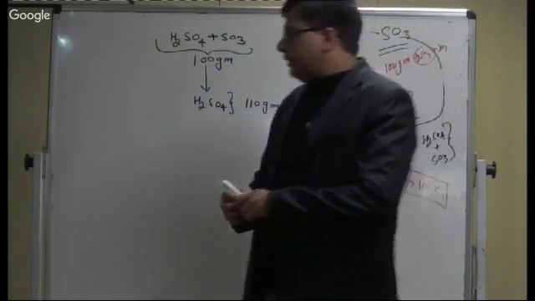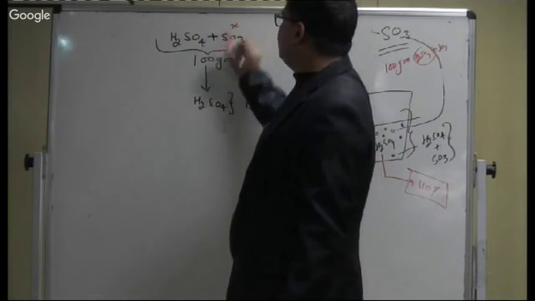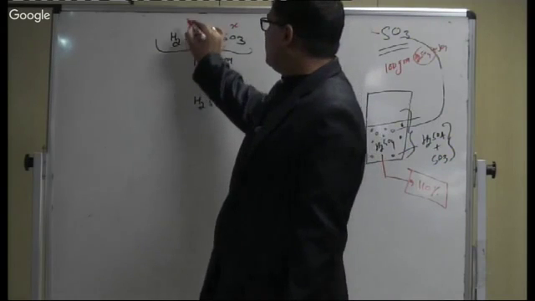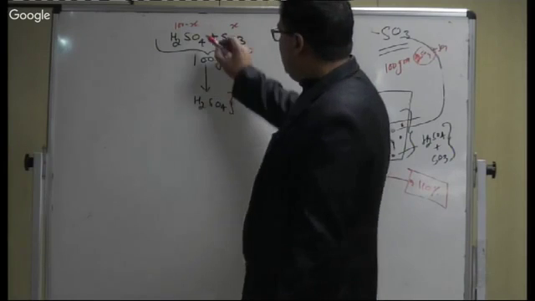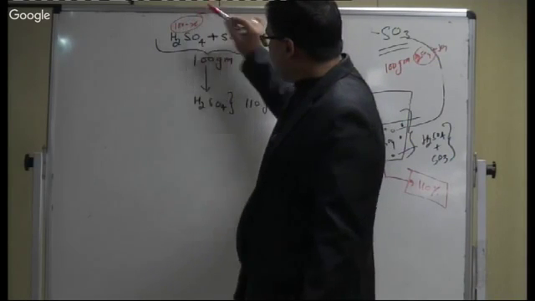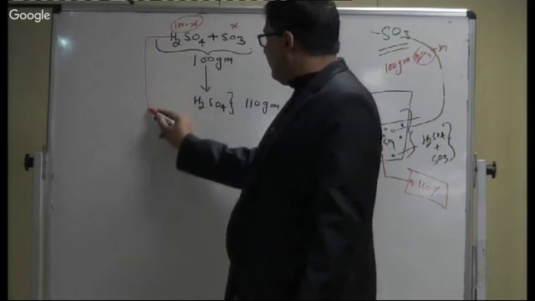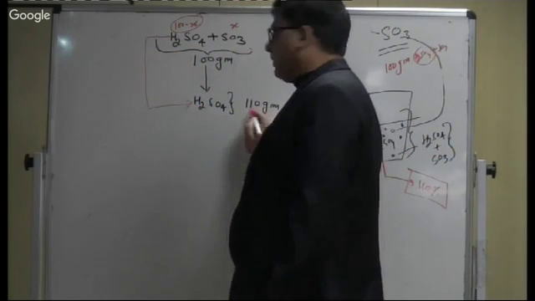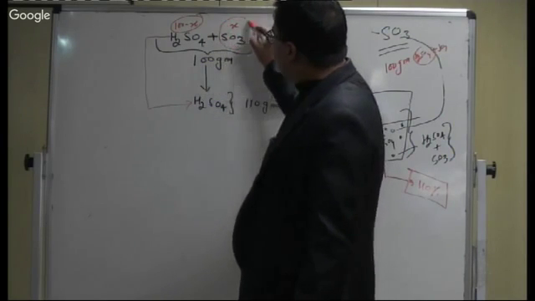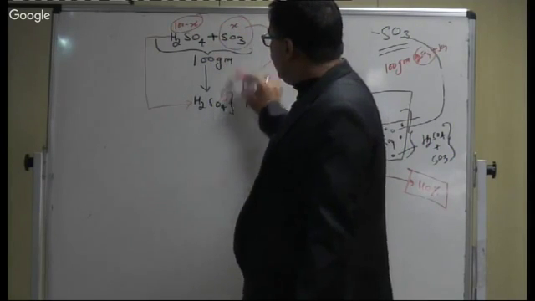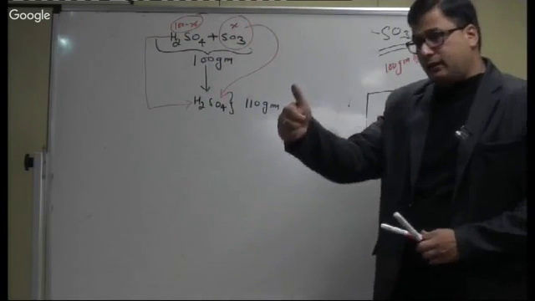The first method: let us assume that the weight of SO3 is X and the weight of H2SO4 left is 100 minus X. This 100 minus X is not involved in the reaction with water, so the weight of H2SO4, 100 minus X, will be as it is in the 110.